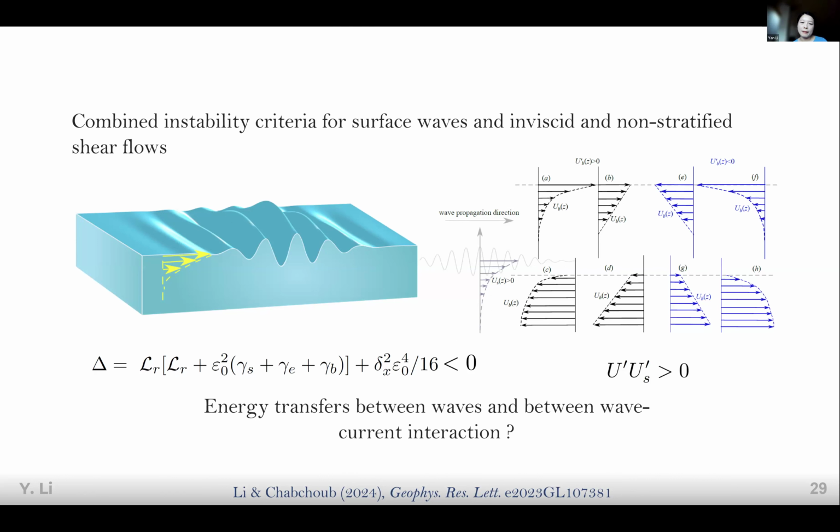However, a question that we can pose is that from these two instability analyses, we understand energy transfers can occur between waves and also in wave and current interaction. However, whether this would be from waves to current or from current to waves is a question that needs to be further investigated.